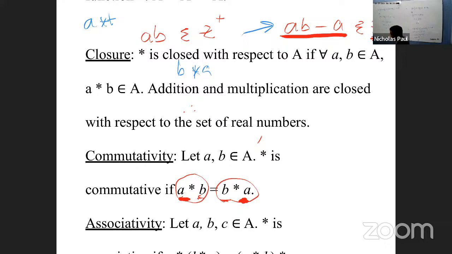B star A will be BA minus B. Is it the same as this? No, not the same, right? Otherwise it wouldn't be the same. So this here is not the same as that, therefore it's not commutative. Okay with that? So you're just switching the values around, right?